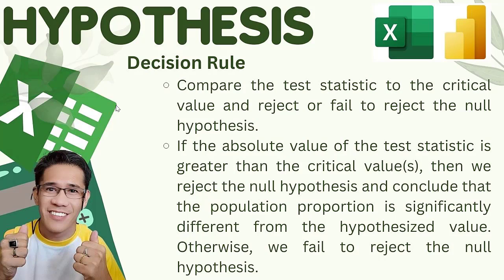In other words, if the absolute value of the test statistic is greater than the critical value, then we reject the null hypothesis and conclude that the population proportion is significantly different from the hypothesized value. Otherwise, we fail to reject the null hypothesis.